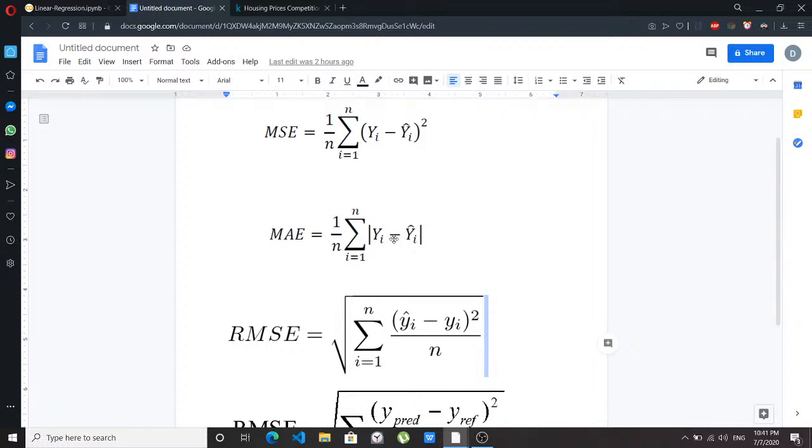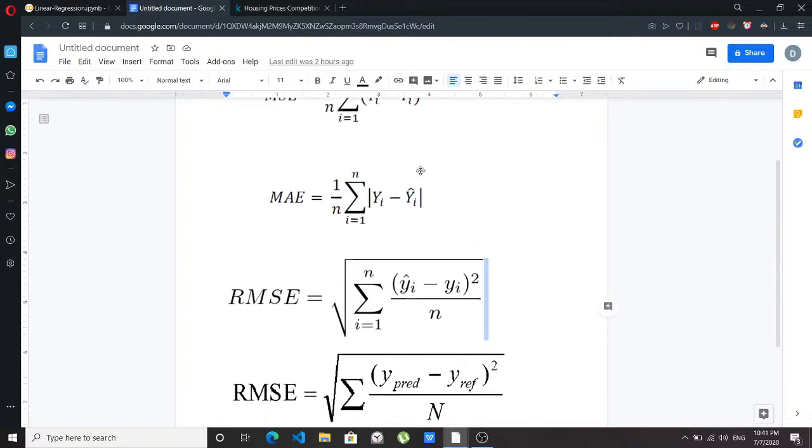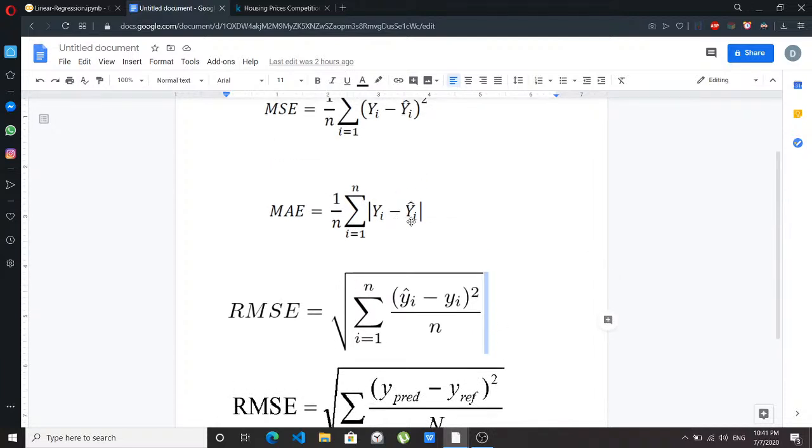From the mathematical point of view, we need all of these values to be reduced as much as possible. That means I want the values for these loss functions to be as minimum as possible. As you know, the difference should be very small if the values are very close.